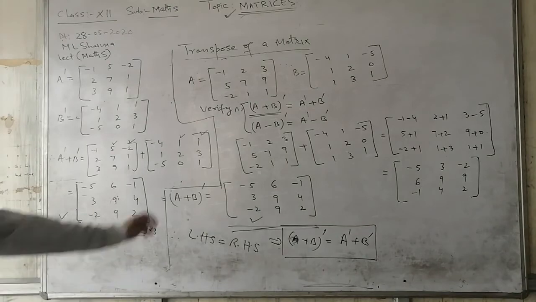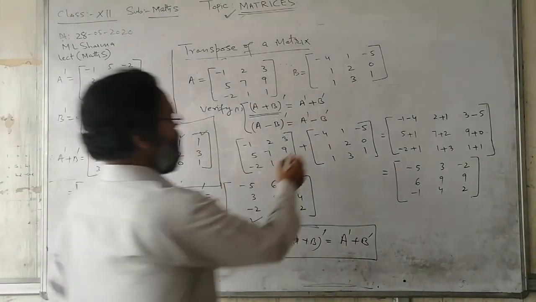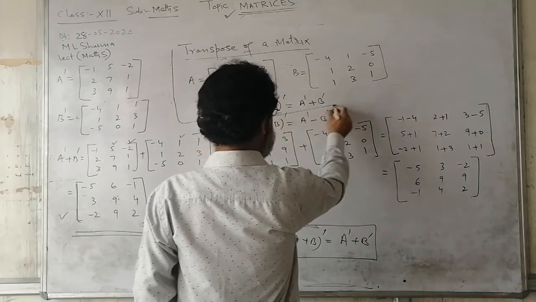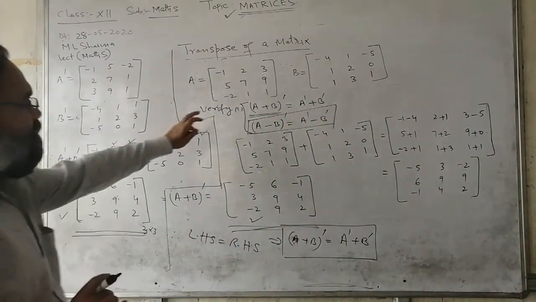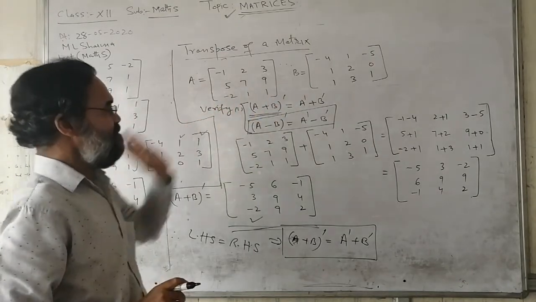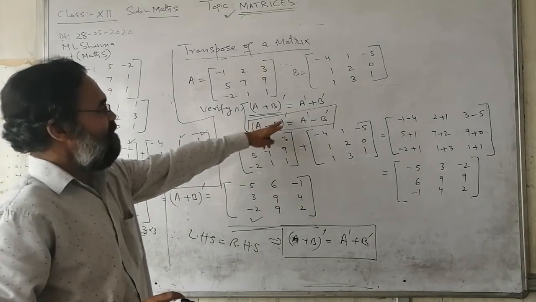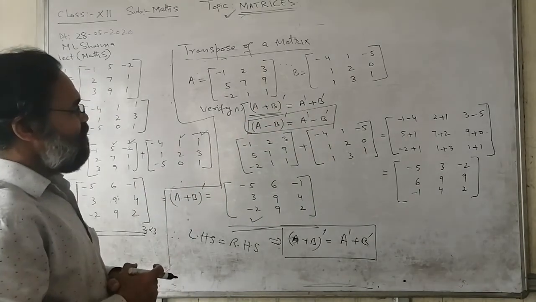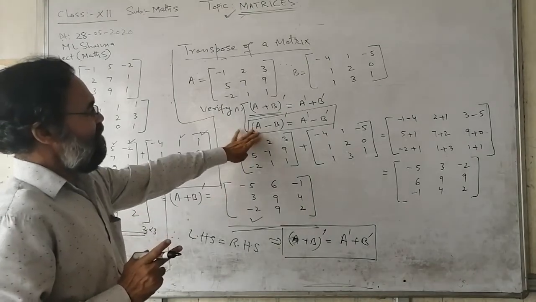Now, so far as the second part is concerned, you will try yourself. Instead of plus, you will subtract A and B first. Then after subtracting A and B, take the transpose. That will again be a matrix. This is your left hand side.